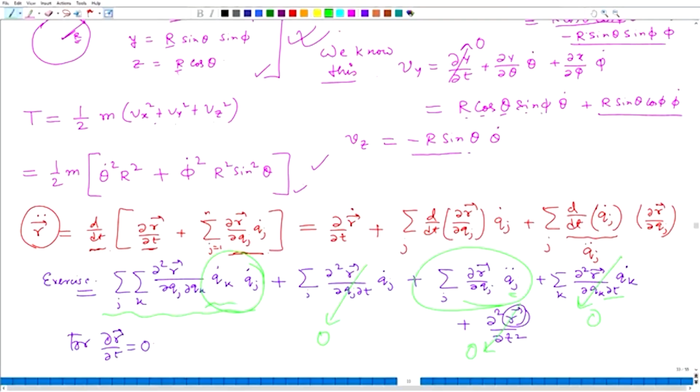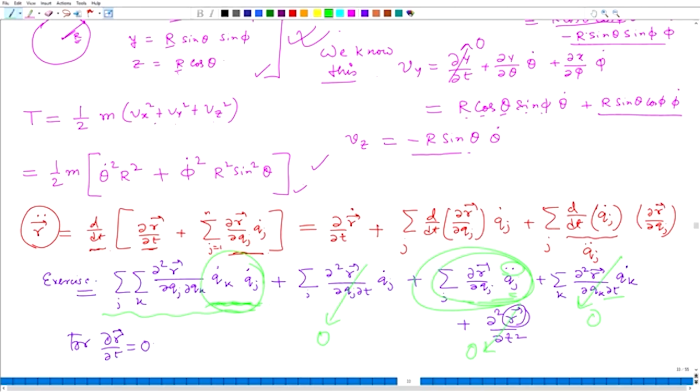So, you will always have some terms which are quadratic, for example, r dot theta dot, or r theta dot square, that is also a quadratic term in dots, okay, and also you have terms where you have double dot, for example, r theta double dot or r double dot.